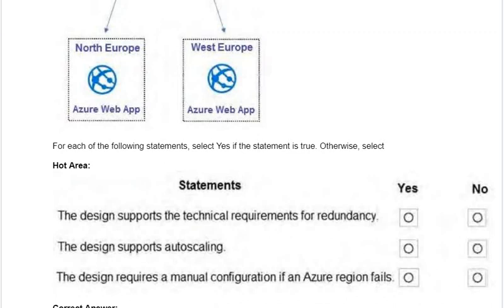Options are yes or no. We will see the answers further. Second statement is the design supports auto scaling. Options are yes or no. Third statement is the design requires a manual configuration if an Azure region fails. Options are yes or no. Now we will see the answers.